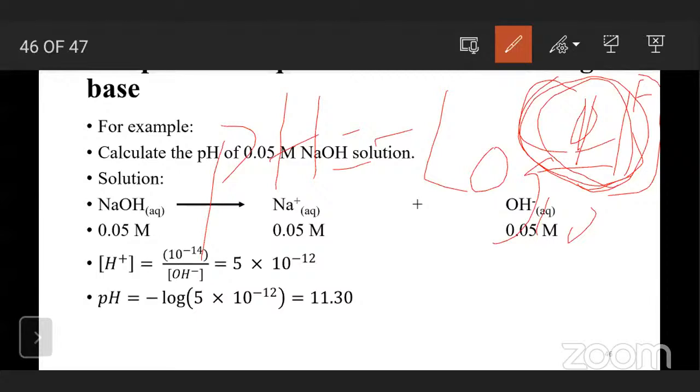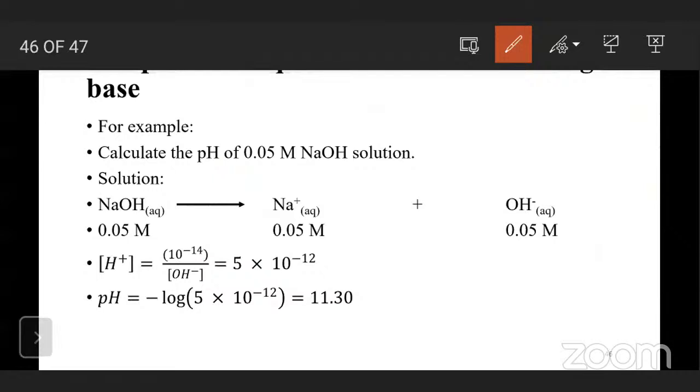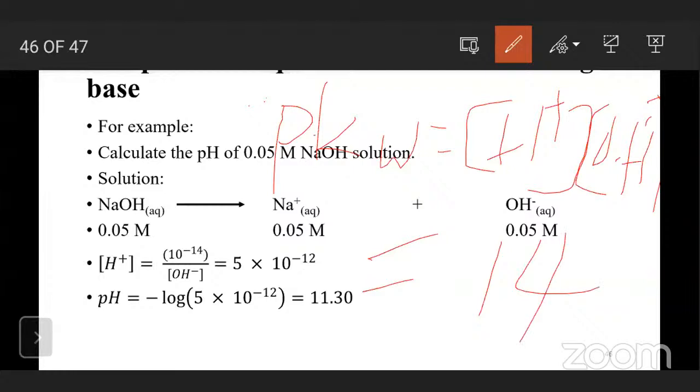So what do you do about this hydrogen ion concentration? Instead, you can determine the hydrogen ion concentration from the hydroxide ion concentration. And how are they related? Remember one of the expressions that we wrote for you: pKw, which is equal to the concentration of your hydrogen ions multiplied by the concentration of your hydroxide ions, and everything is equal to 14.